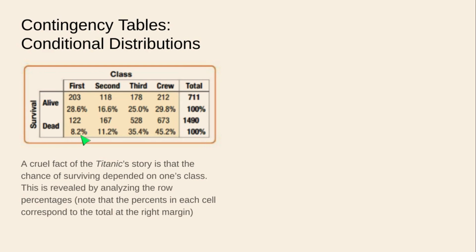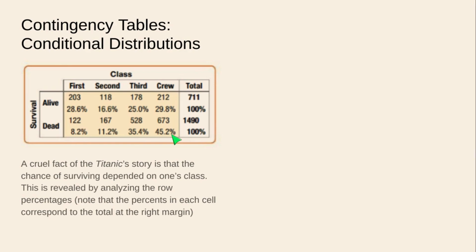Of the dead, 8.2% were first class, 11.2% were second, 35.4% were third, and a whopping 45.2% were the crew. Let's keep something in mind here, all right? 45.2%, half, pretty much, of the people who were dead were in the crew.